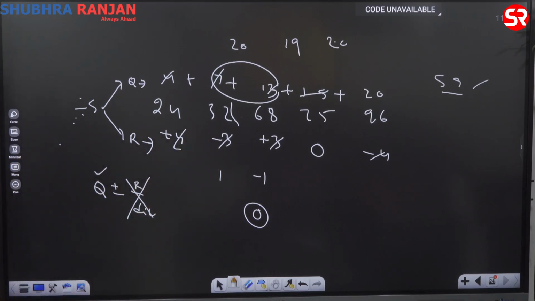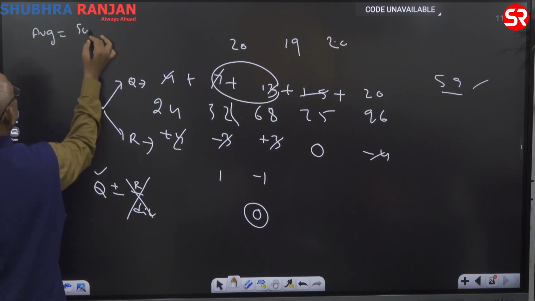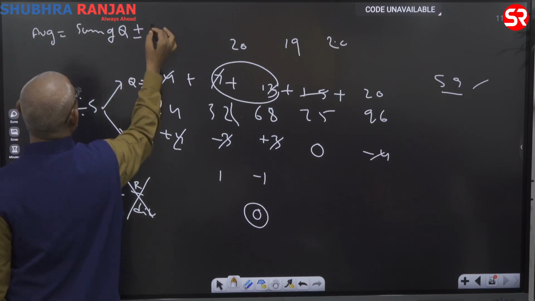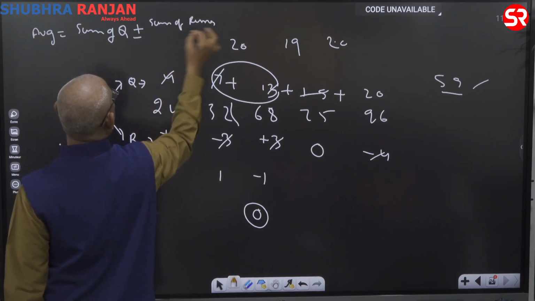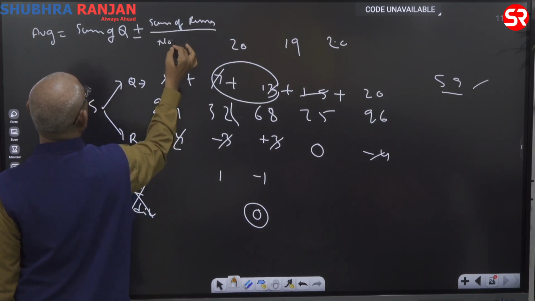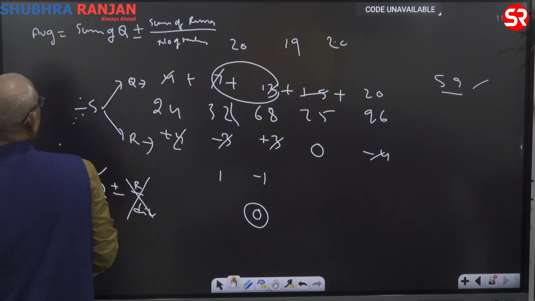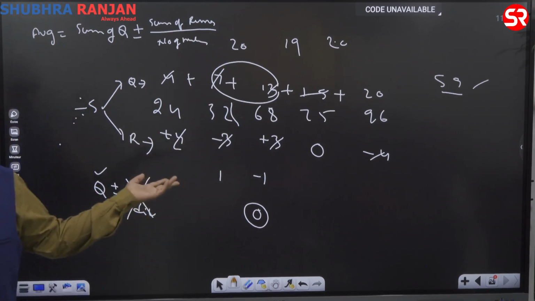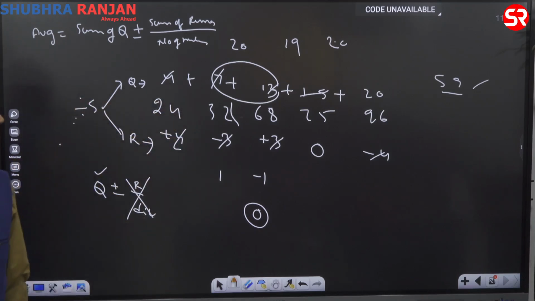While doing average, the new formula is sum of the quotients plus or minus whatever it may be, sum of remainders, by the number of numbers that we know already. 1, 2, 3, 4, 5. If it is 6, we will divide with 6. If it is 7, we will divide with 7. Quotients in the numerator and remainders in the denominator.